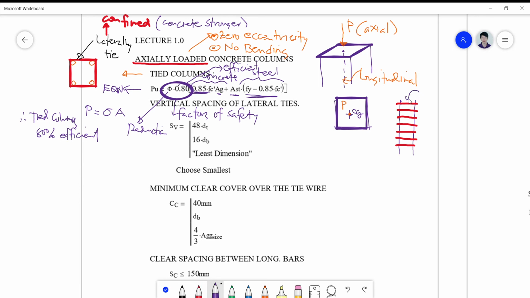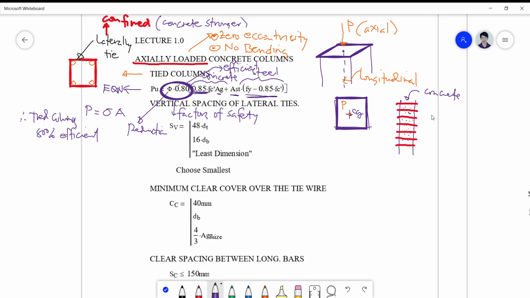If I have concrete poured here, these lateral ties will act as confining reinforcement, not only shear reinforcement, but also as a confinement for the particles. So the particles of the concrete inside will not easily get out of it.